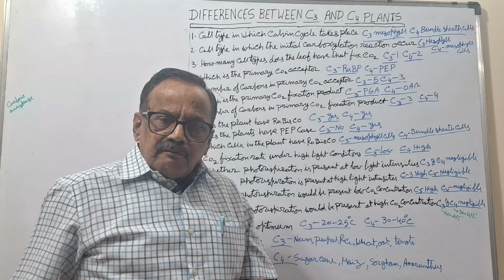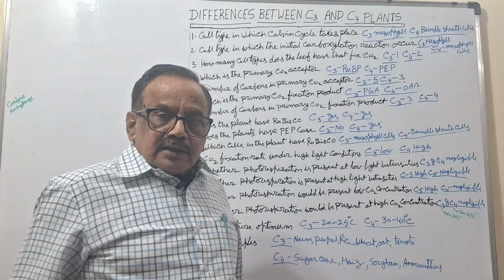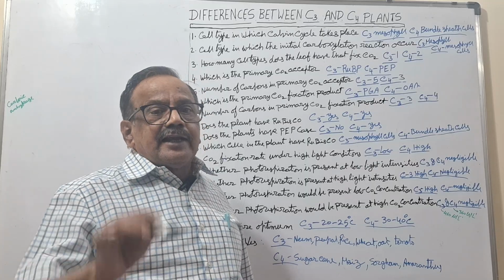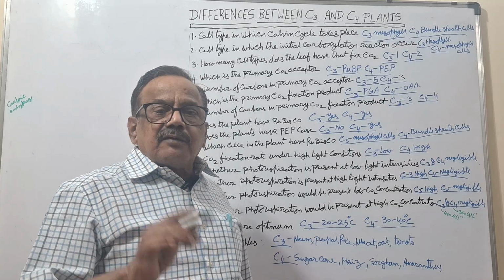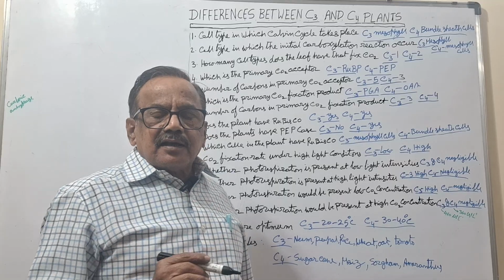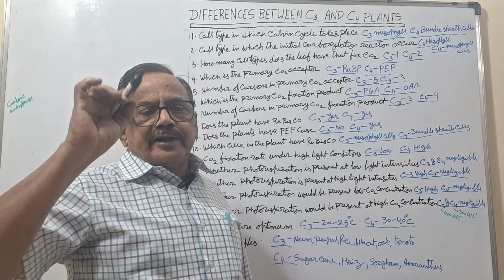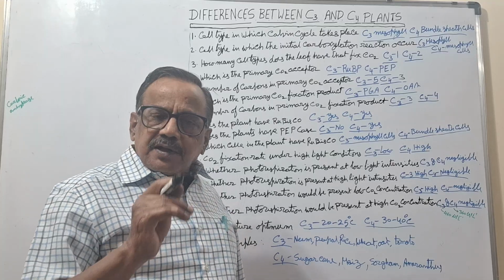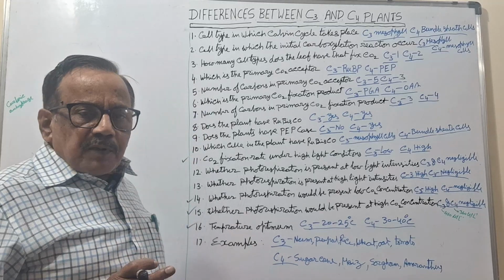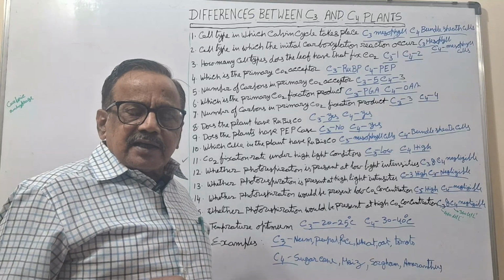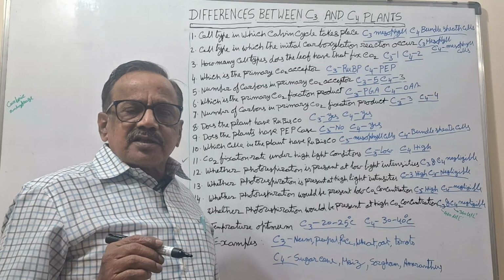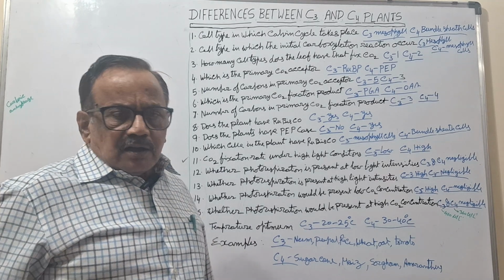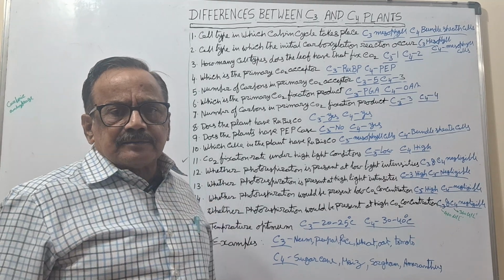But the carbon dioxide carrying mechanism, the C4 cycle, is not affected by temperature, and carbon dioxide is brought in freely. That I discussed in C4 plants: the oxaloacetic acid and malic acid formation are not affected by temperature, so they bring it in very easily.